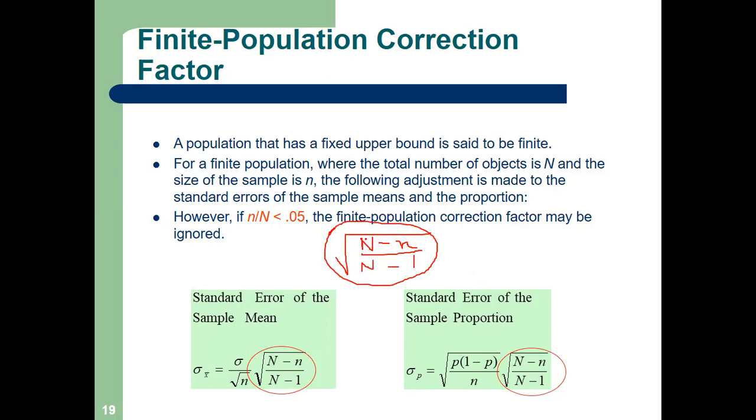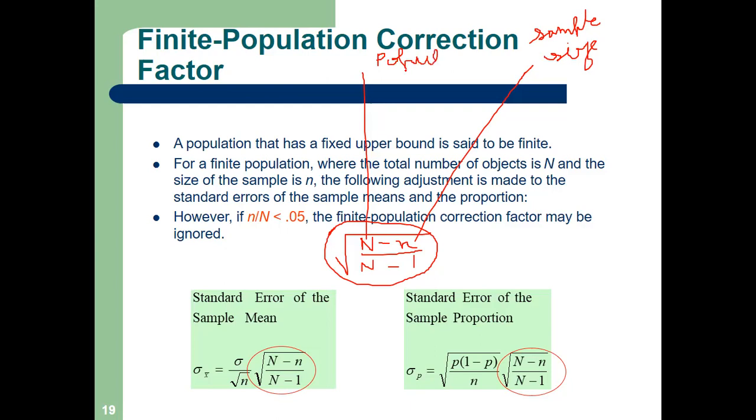Now what is capital N and what is small n? Any idea, Tejaswita? The small n is the number of samples. Very good. Capital N is population size.